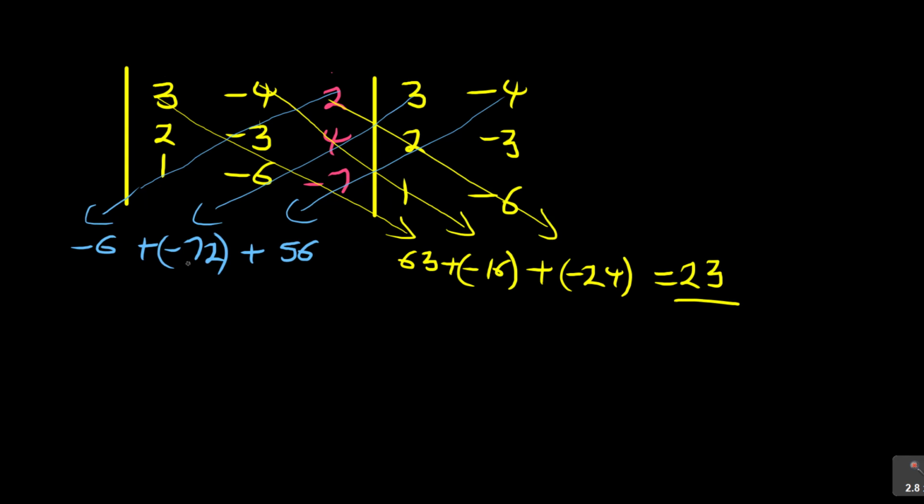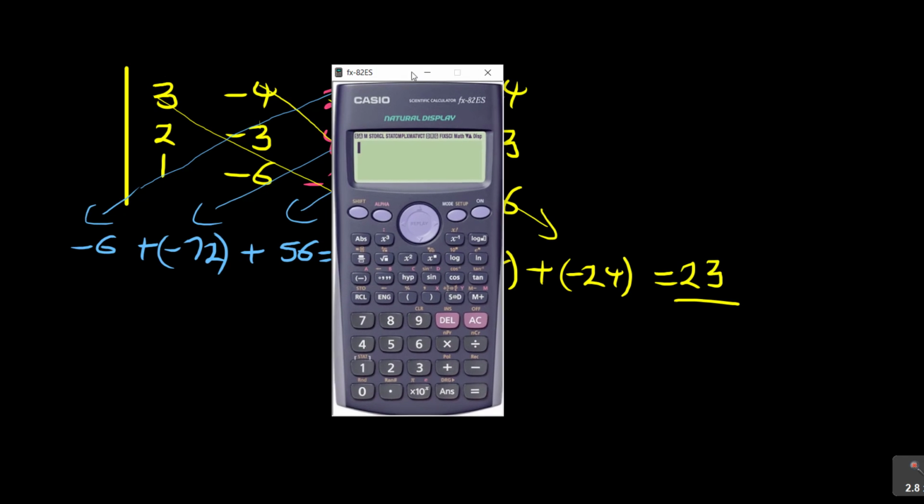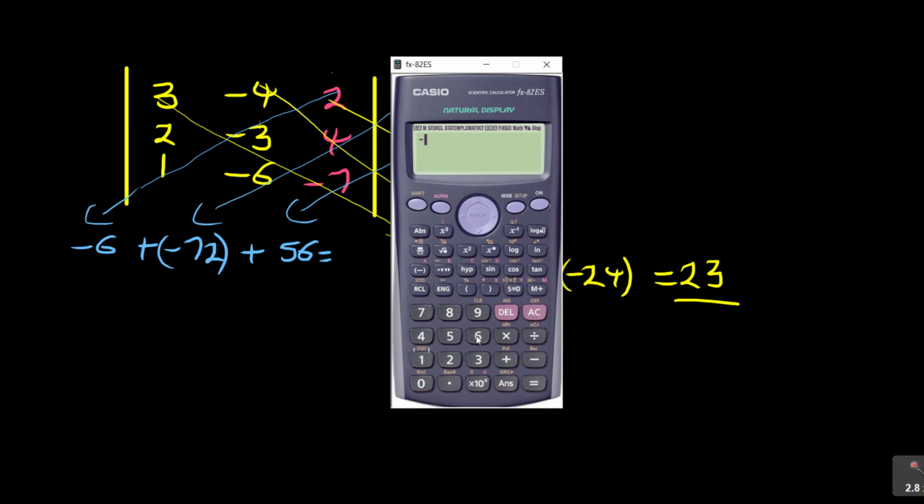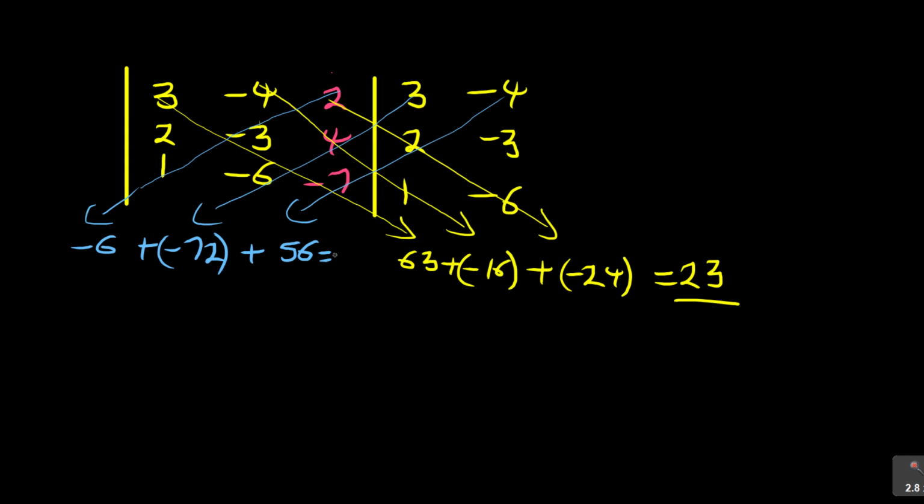So it was negative 72 plus 56. You can do that. So now you can add that again. Ask yourself, if I'm adding that, what does it give? So you have got minus 6 minus 72 plus 56, and then it will give us negative 22. So it's minus 22. So how to then find the determinant of this matrix?